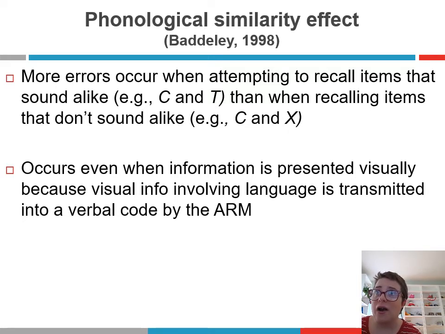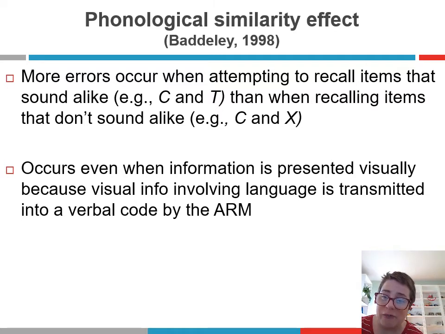And this result is interpreted as support of the idea that information is coded auditorially in short-term memory, right? So in working memory terminology, Conrad's result seems to support the notion of the phonological loop, which occurs when words are processed in the phonological store, part of the phonological loop, right? Memory suffers for similar items because they are confused with each other, right?